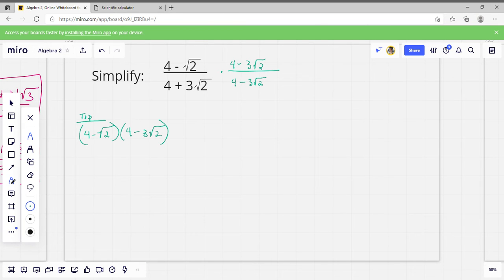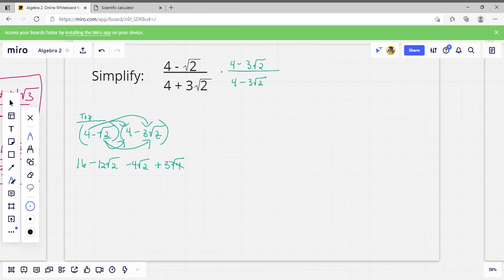4 times 4 is 16. 3 times 4 is 12, and that would be negative 12 times the square root of 2. Then we've got this one, negative 4 times the square root of 2. And then this one, negative times negative is a positive 3 times the square root of 2 times the square root of 2, which will be 2.